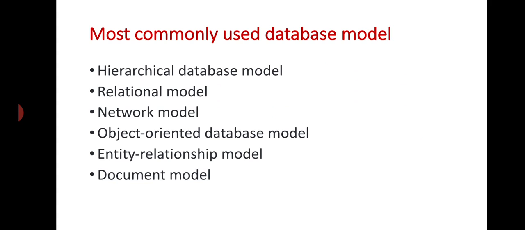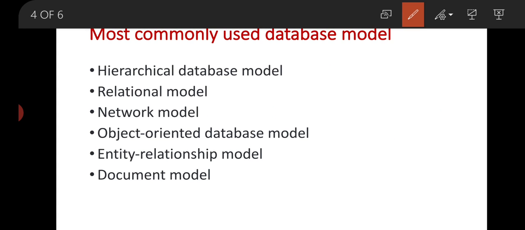Next, the most commonly used database models. There are many types of database models used in the DBMS field. First is the hierarchical database model. Second is the relational model. Third is the network model. Fourth is the object-oriented database model. Fifth is the entity relationship model. Next is the document model, and more.